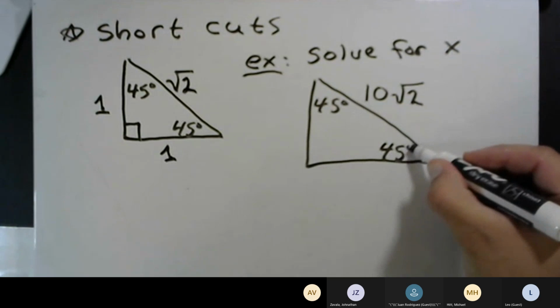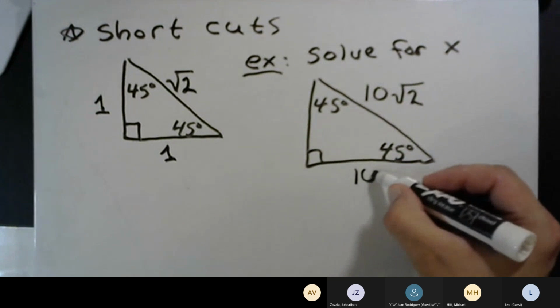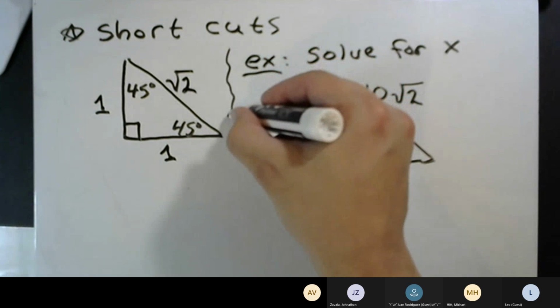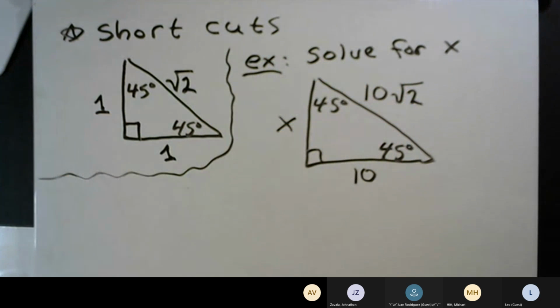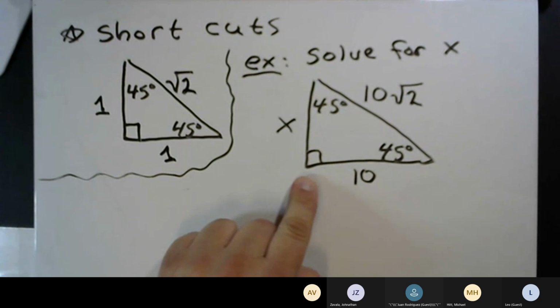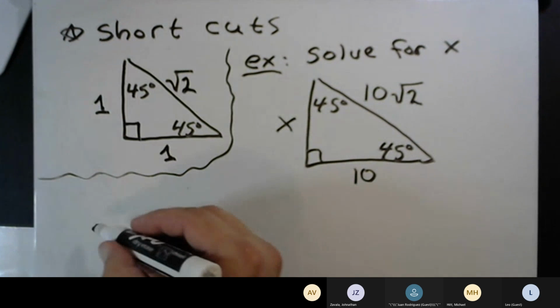So our angles are 45 degrees. Now, because this is a 45, 45, 90, these two sides have to be equal.